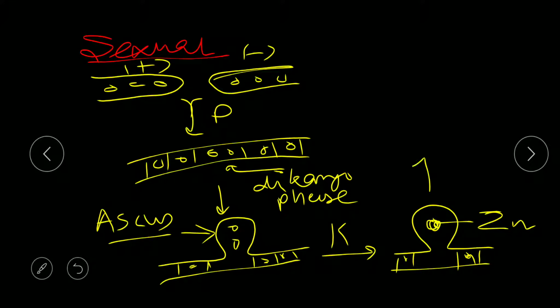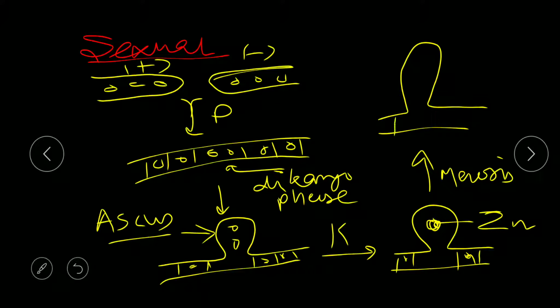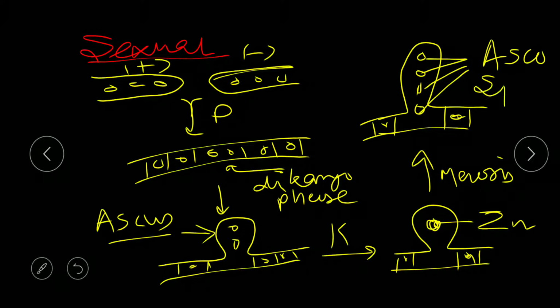This diploid structure undergoes meiosis, and then within the ascus there is formation of 4 ascospores. You can see these are nothing but ascospores.